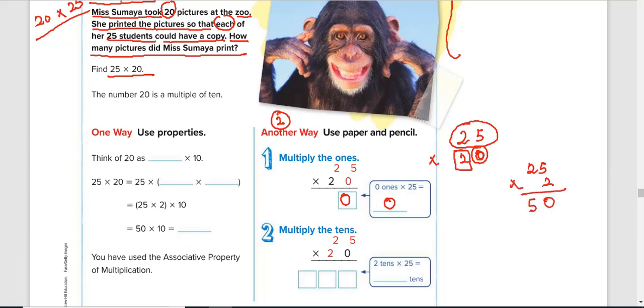When you do that, you write it in the tens. The last digit will be in the tens place because you multiply with the tens place digit. So the last digit 0 is written at the tens place, okay? While in the ones place value, we already got 0 in step 1. So for these two, it is 50 tens and 0 ones. So your final answer is 500.